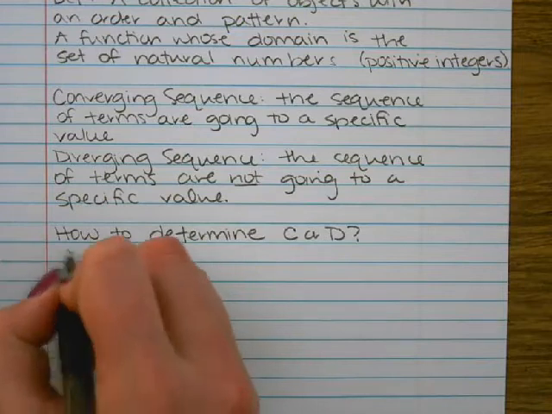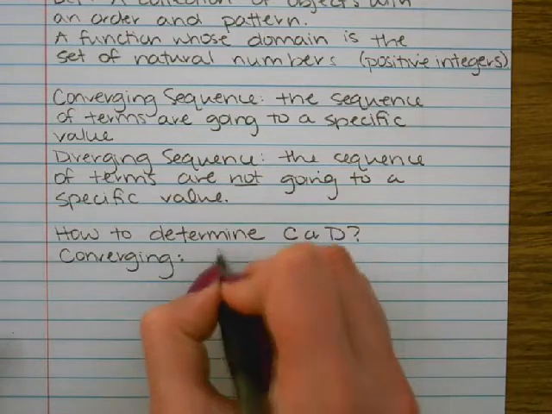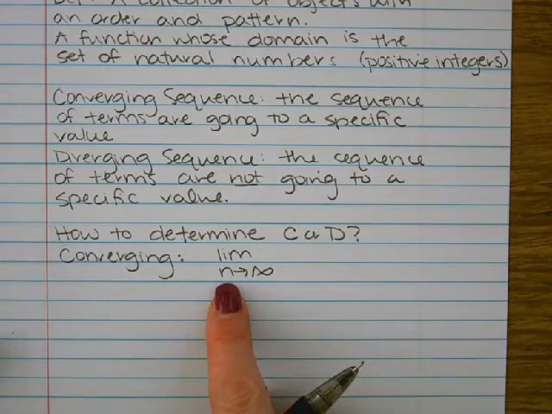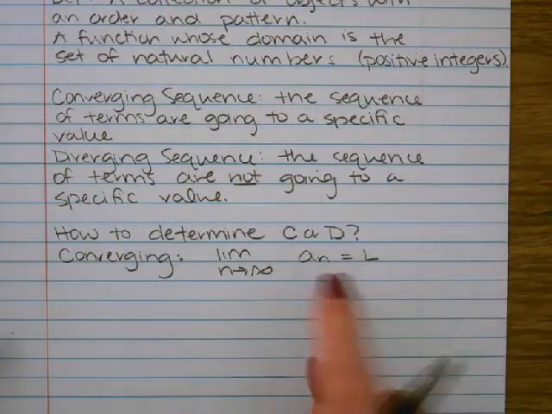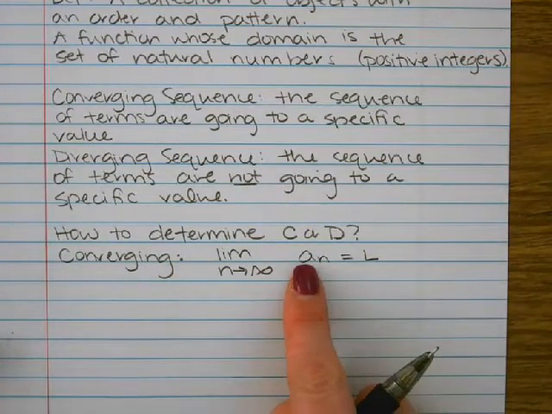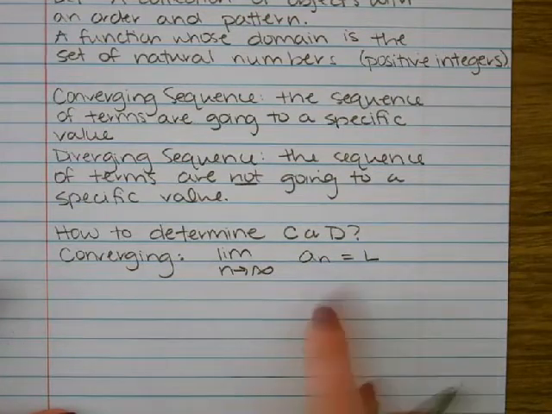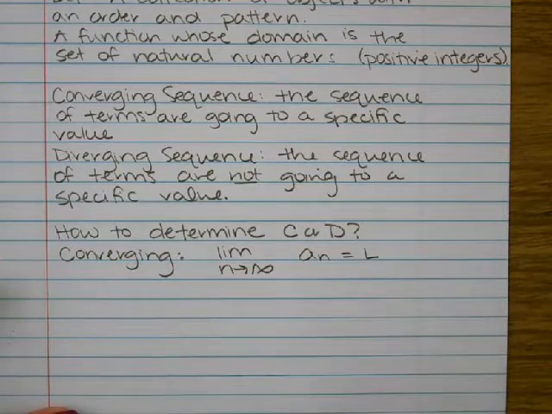If it's converging, then you're going to find that the limit as n goes to infinity, where n is the term number that you're on, of a sub n equals L. That means that whenever we write sequences, we usually write a sub n equals something written in terms of n, meaning the term number that you're on. If you could plug in infinity, or think about what happens as you go to infinity, and you actually get a number there, then you would say, yep, there's a limit, and it's converging to that limit.